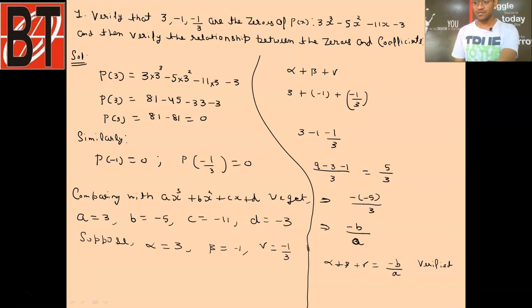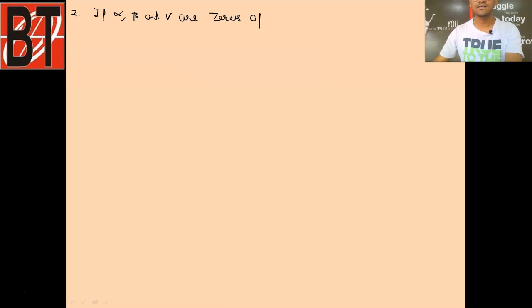Let me take another question. See, the next question I am taking is, if alpha, beta and gamma, see this question, this is an important one. If alpha, beta and gamma are zeros of the polynomial given, which is 6x cube plus 3x square minus 5x plus 1.